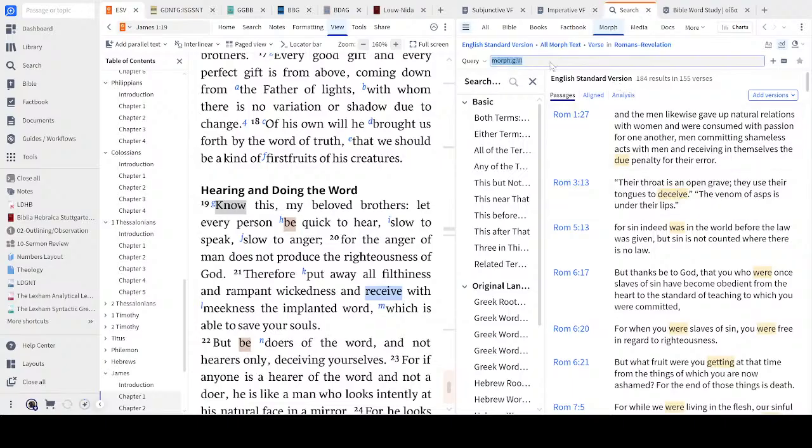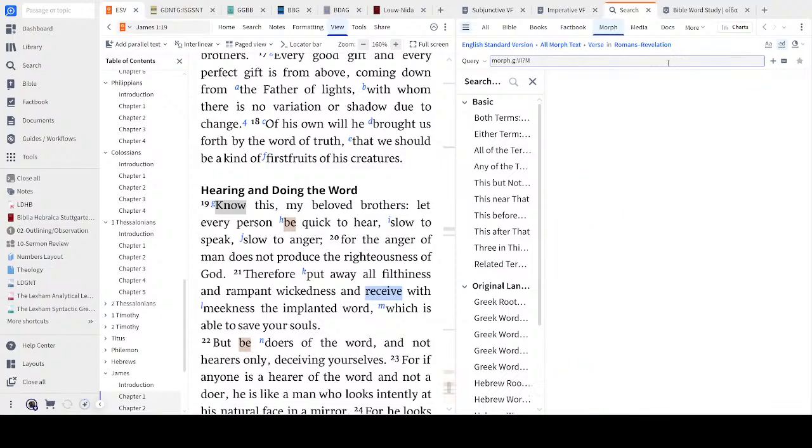So that is why it didn't show up, right? I was right. I knew I was right. All passages. I knew I was right here.